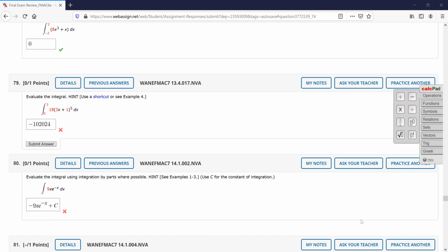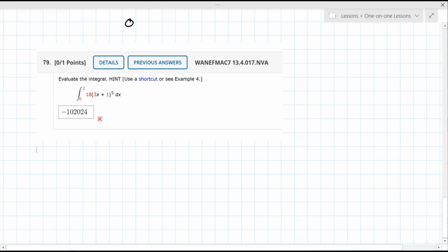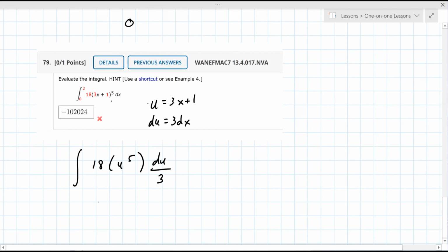I know that's more information than you wanted, but the correct way to do this is u equals 3x plus 1. Yeah. du equals 3dx. You're integrating 18 times u to the fifth. dx is du over 3, so that makes this the integral of 6u to the fifth.